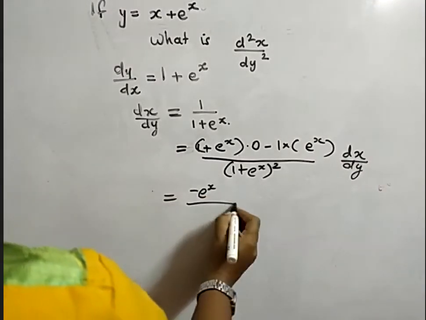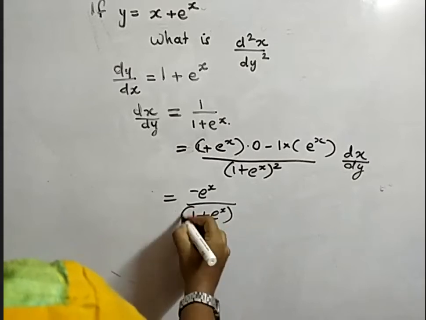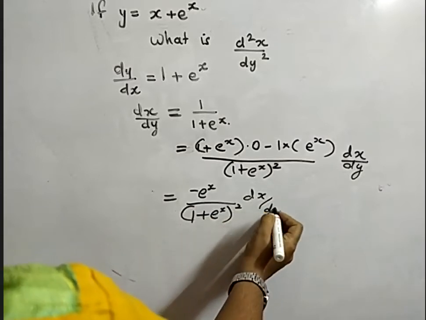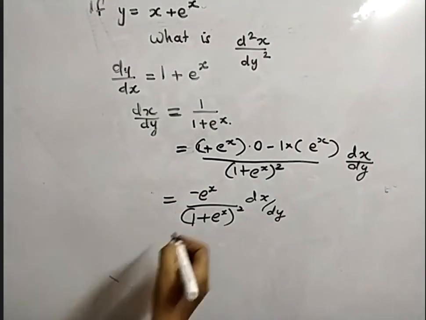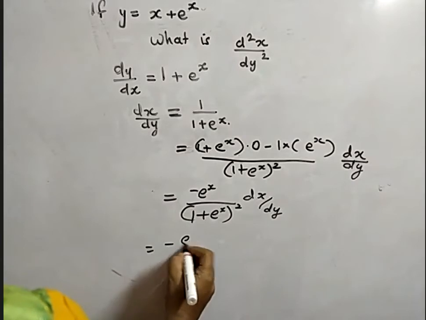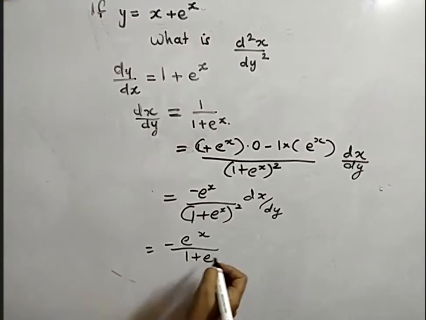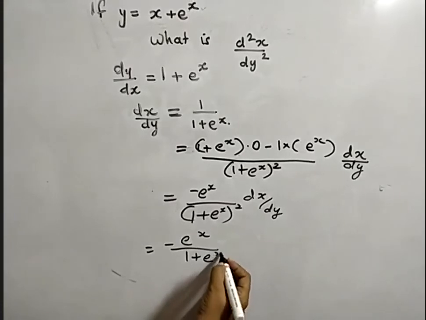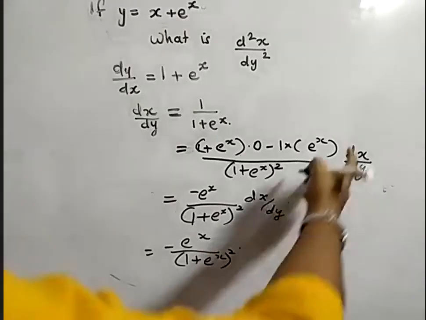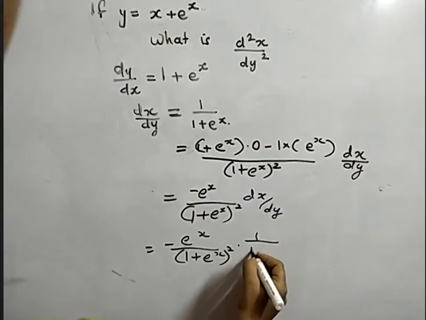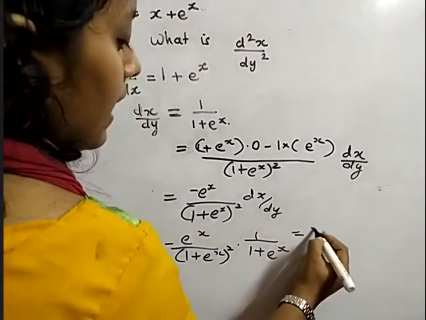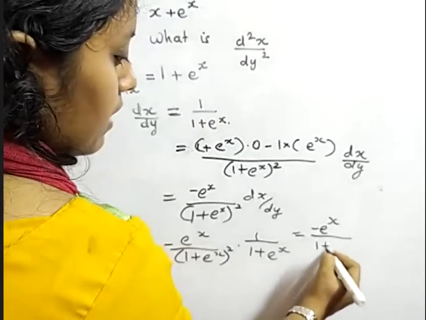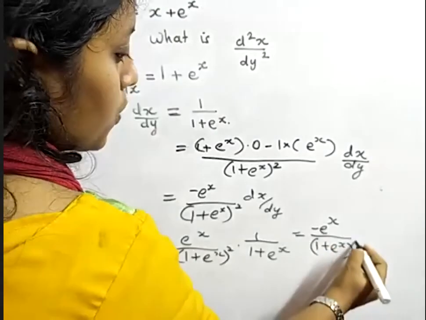Minus e raised to x by 1 plus e raised to x the whole square into dx by dy, that is minus e raised to x by 1 plus e raised to x the whole square into dx by dy is 1 by 1 plus e raised to x. That is minus e raised to x by 1 plus e raised to x the whole cube.